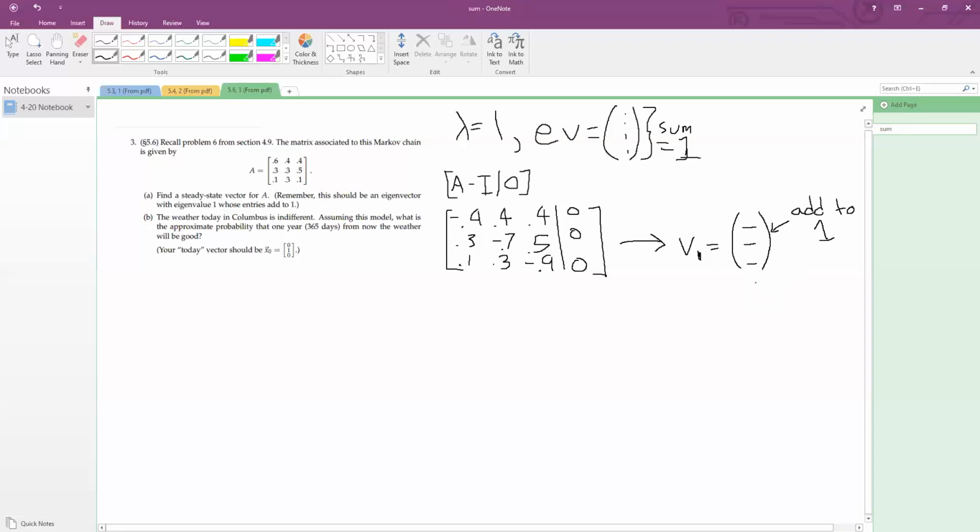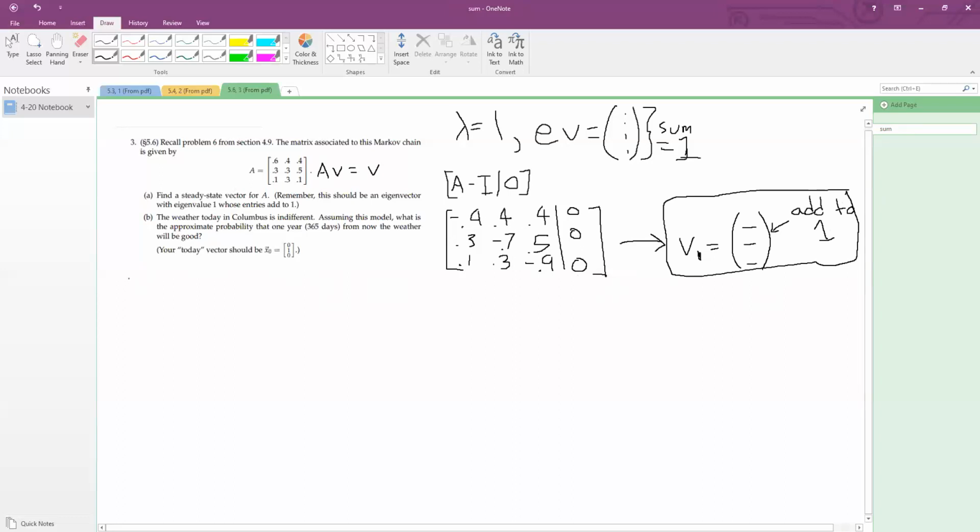All right, so part B then. So, once you found this vector v1, you're good. You found the value for part A. You could even test it, and maybe it's a good idea to test, multiply A by V and show that you get V back, right?